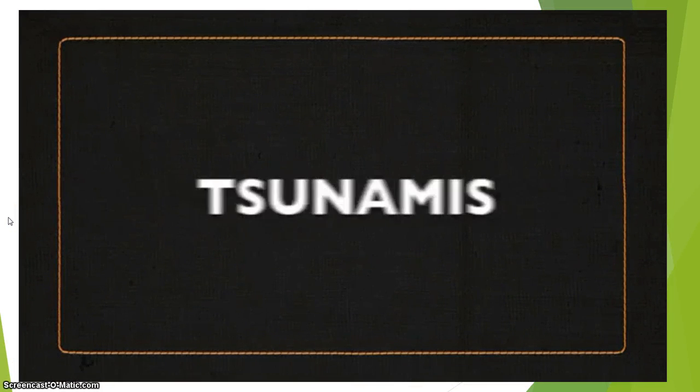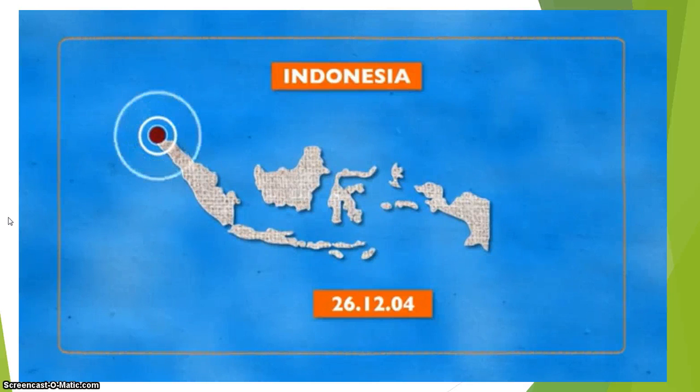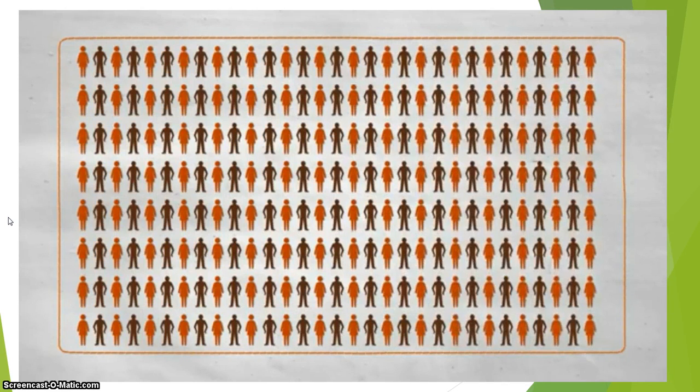In 2004, the world reeled when a massive earthquake near Indonesia triggered the devastating Boxing Day tsunami. Hundreds of thousands of people died and huge areas of land were destroyed. But where do these monsters of Mother Nature come from?